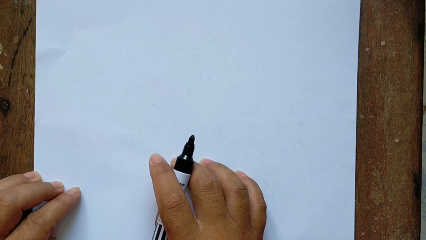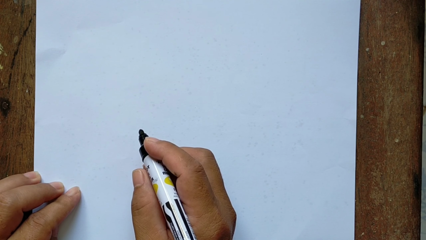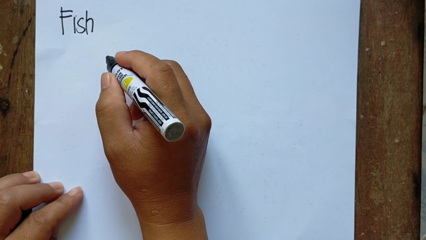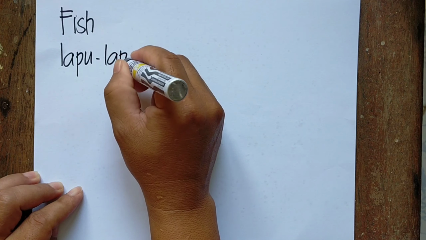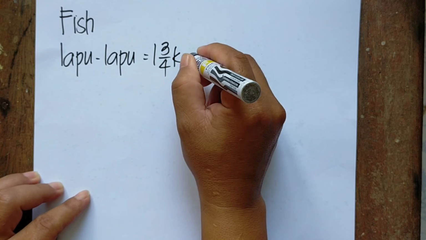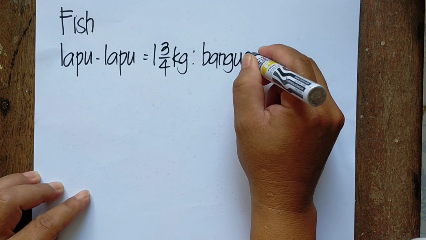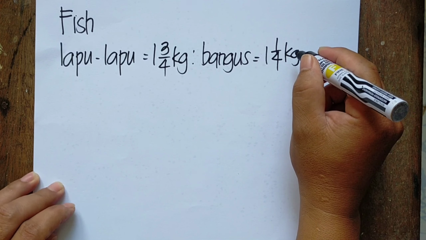Our task is to find the total weight of the meat and fish I bought. Let us start by finding the given facts or the things I bought. I bought fish and meat. For fish, I bought lapu-lapu that weighs 1 3/4 kilogram and bangus that weighs 1 and 1/4 kilogram.